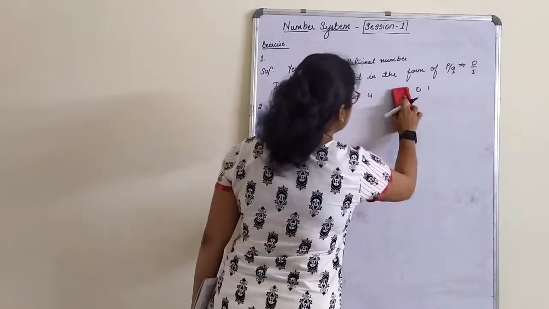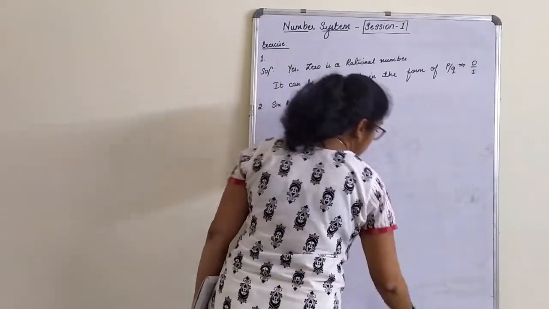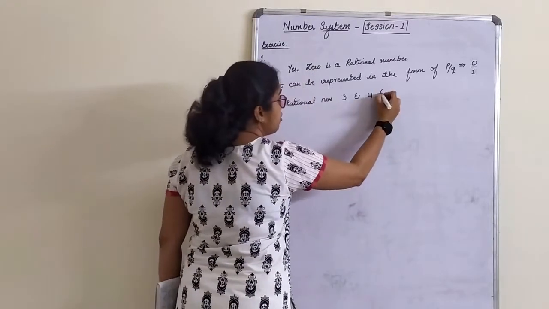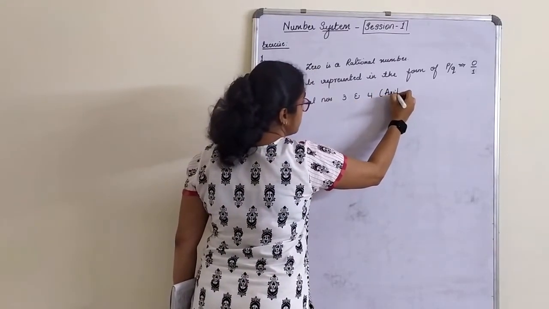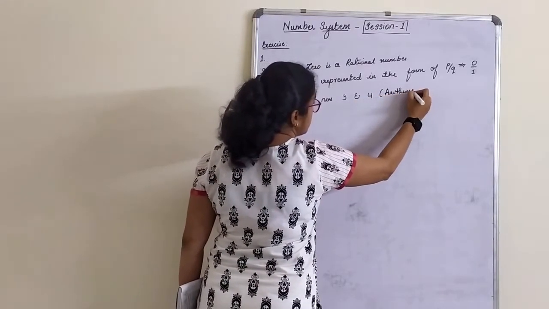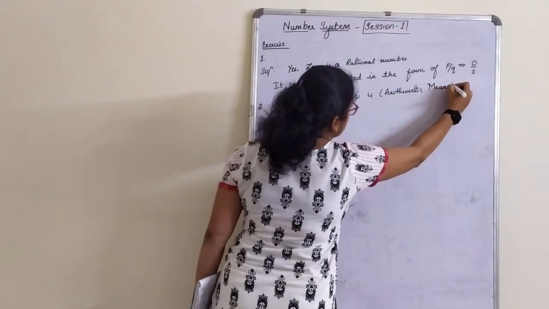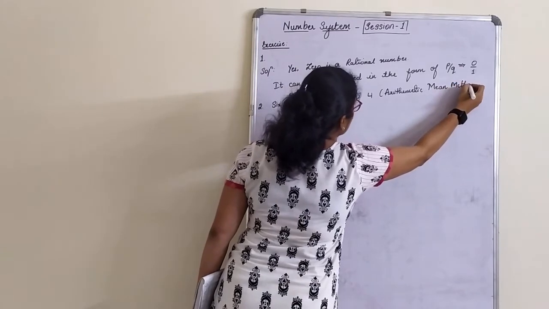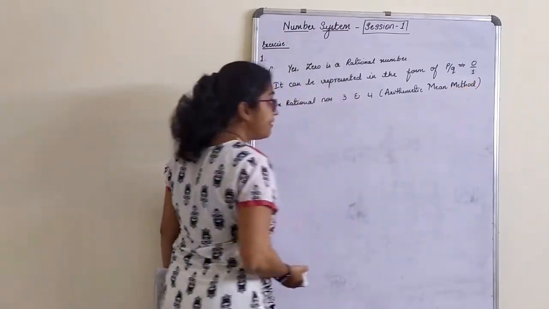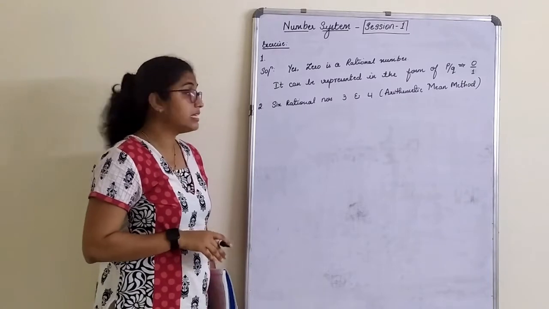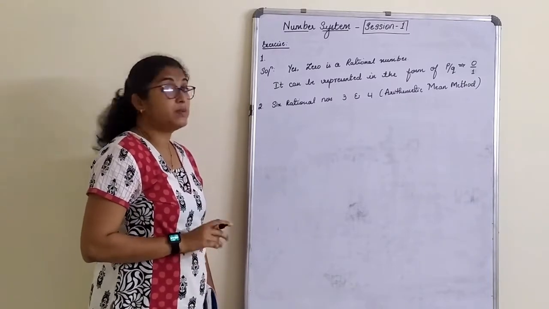So here it is found out by a particular type of method which is called the arithmetic mean method. So here it's quite a lengthy method. So what we will do here is find 6 rational numbers between 3 and 4.